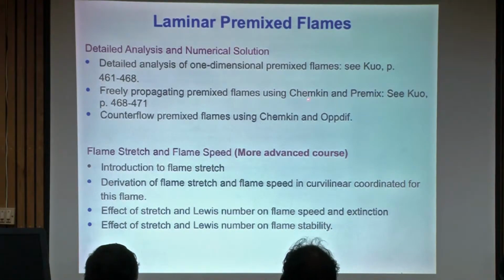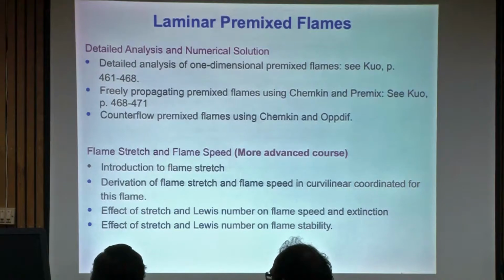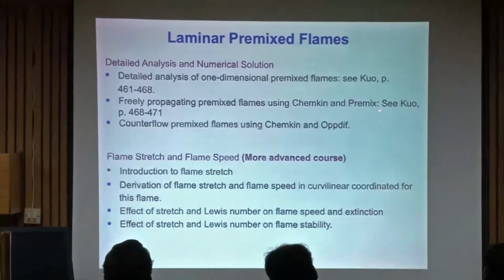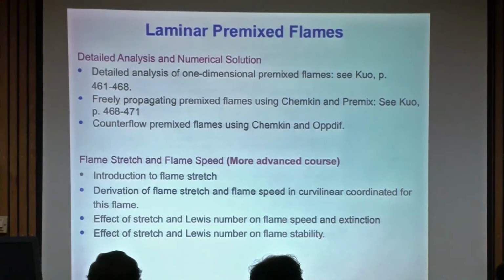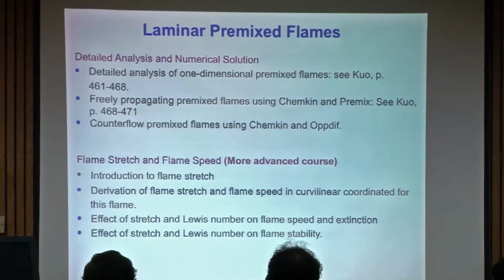Chemkin is like a suite of softwares. It's not just one software. You can do equilibrium calculation. You can do premix flames, diffusion flame. So then you use different options in the software. So for premix flames, you use this option premix within the software. Then it will activate the premix module in that software.